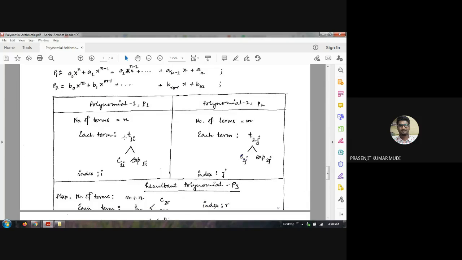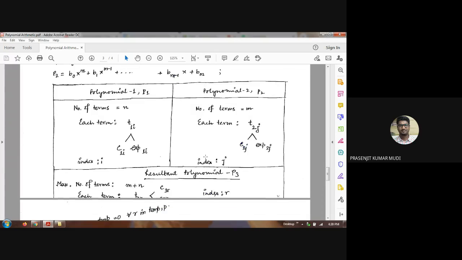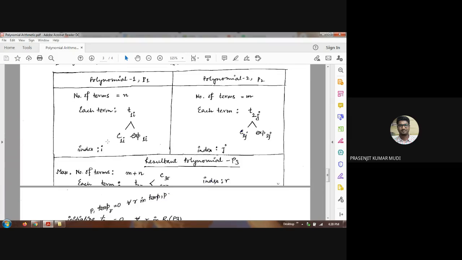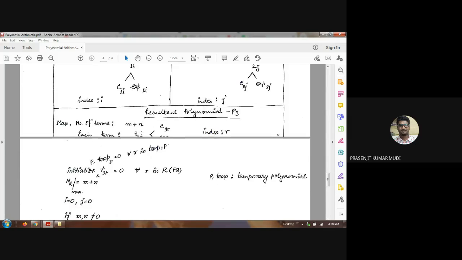Each such term T1i consists of C1i and exp1i, where C1i is the coefficient and exp1i is the exponent. Similarly, T2j consists of C2j and exp2j. Here j is the index for one and i for the other. We have taken different indices to avoid confusion.